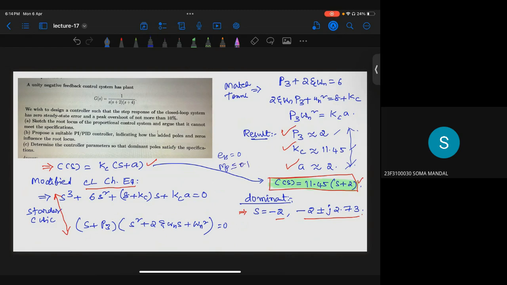So reduce your Ts from 5.6 onwards. These are our design parameters. That is the practical experiment. Is this clear?